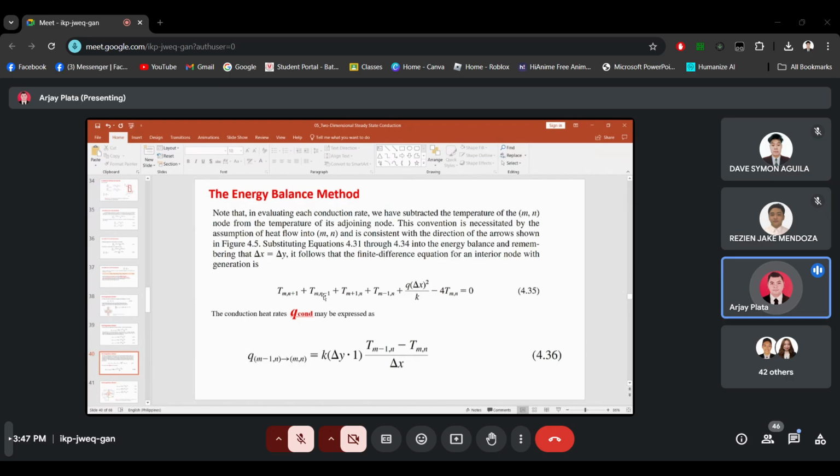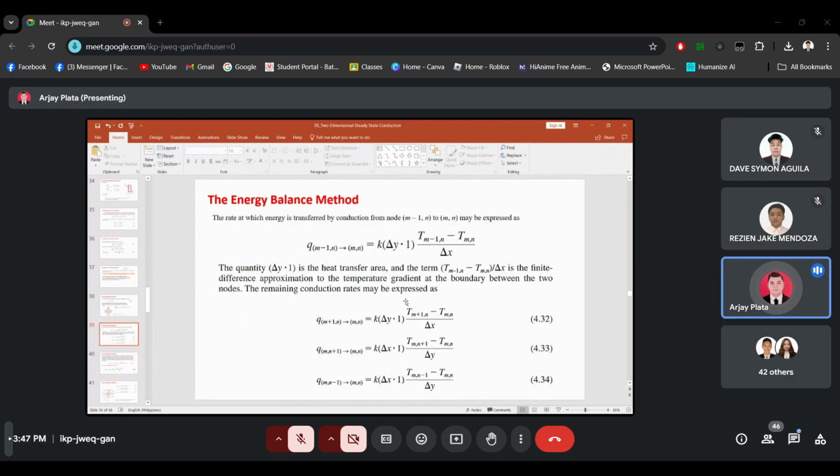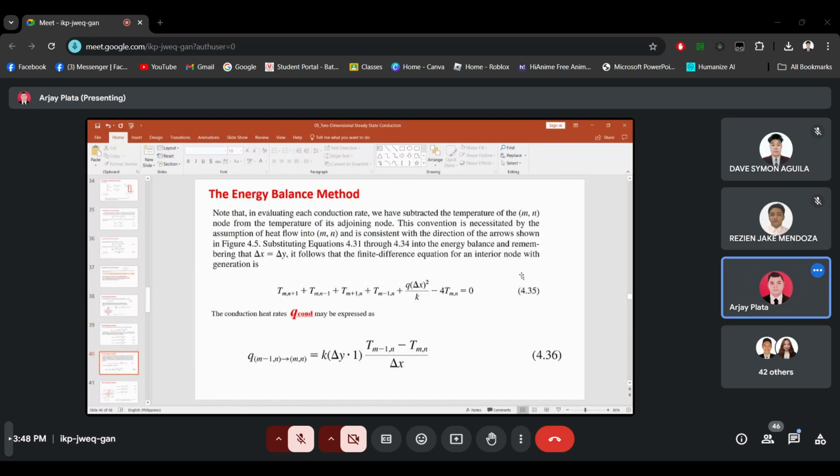So just combine equations 4.32, 33, and 34, and also equation 4.31. Combine 4.31, 32, 33, 34. So you will get equation 4.35.